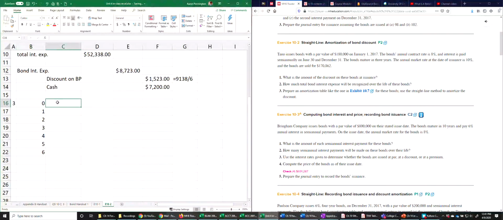All right, so the bonds are issued on January 1st, 2017. And at that time, actually, let me insert some rows here so I have more space.